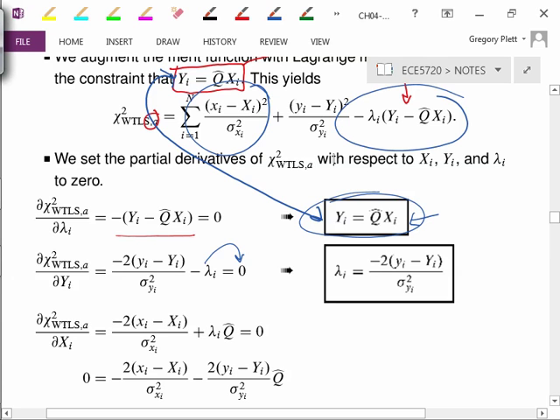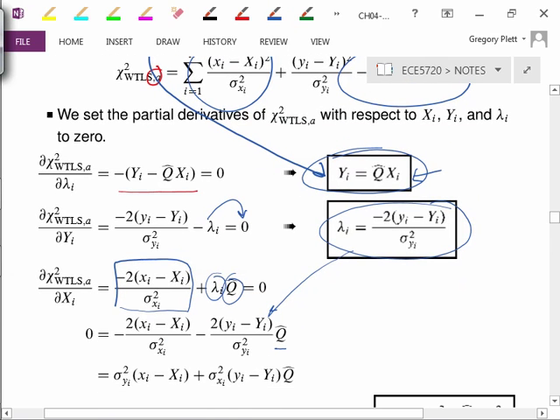In the next line, I keep this term unchanged, but I take my solution for lambda, which is this, and I plug it in right there. So the q hat stays, and I plug in my solution for lambda, which is minus 2 little y minus big Y over sigma_y squared.